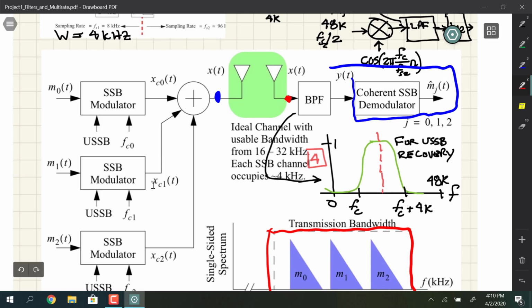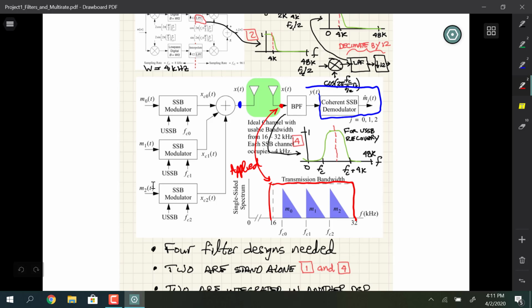So the output of the channel is right there after the bandpass filter for the channel is applied. So the signal you get at that X has had that bandpass filter applied, and that's what comes out of the transmitter channel function combination.